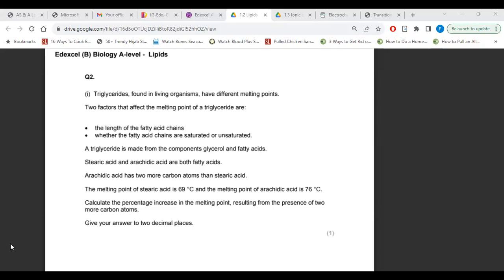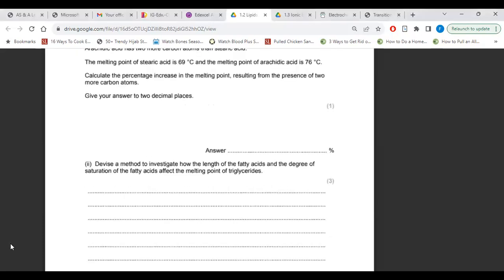Good. Well done. Now, the next question says, devise a method to investigate how the length of fatty acids and the degree of saturation of fatty acids affect the melting point of triglycerides. This is just a 3-mark question.